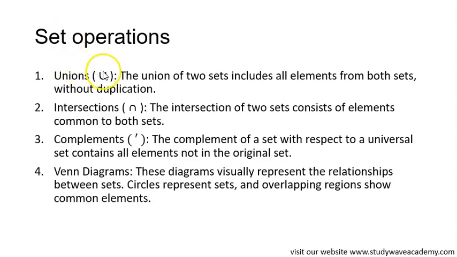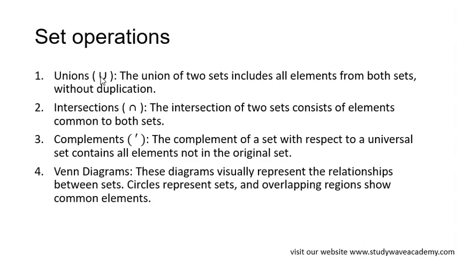The union is denoted by this symbol. And the union of two sets, let's say A and B, consists of all the elements that are in set A or in set B or are in both. We're going to be looking at some examples to help us understand.